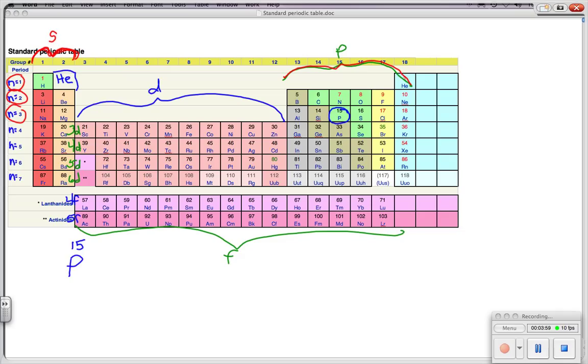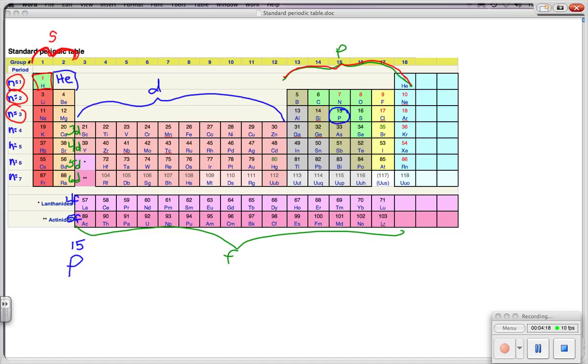Okay, so let's get back to phosphorus, looking at what we have. The first place I'm going to start in writing the electron configuration for phosphorus, as with every single element in the periodic table, is back here at hydrogen, at the number 1 spot. So I'm going to write it this way.